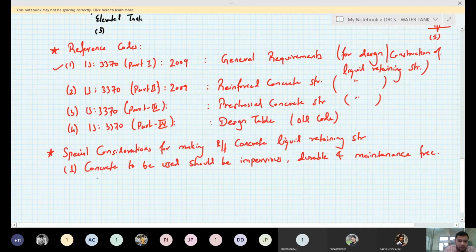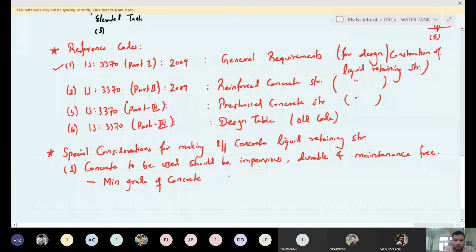So for this the code restricts the grade of the concrete. So we have minimum grade of the concrete. The code gives the guidelines for the minimum grade of the concrete to be used for liquid retaining structures.